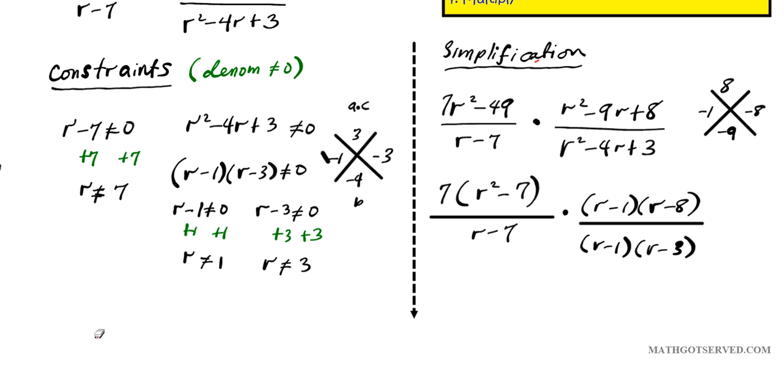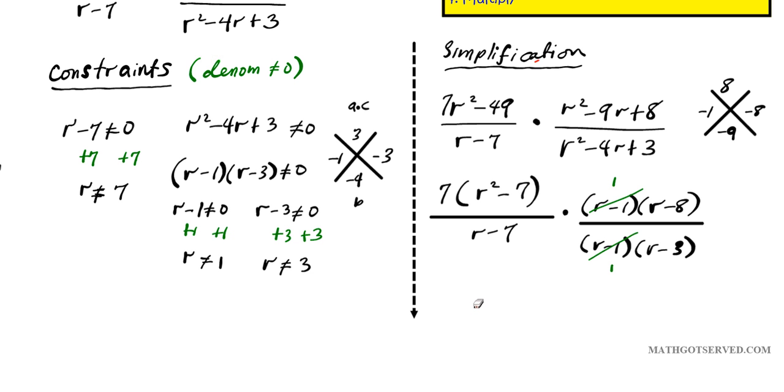We don't have to do all the work again. Okay, so now we have the factored form. Now let's go ahead and start crossing out common factors. So we have r minus 1 goes there once, and r minus 1 goes there once. And that's basically it. No other common factors to factor out.